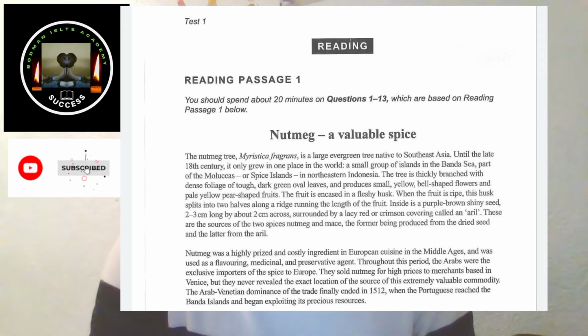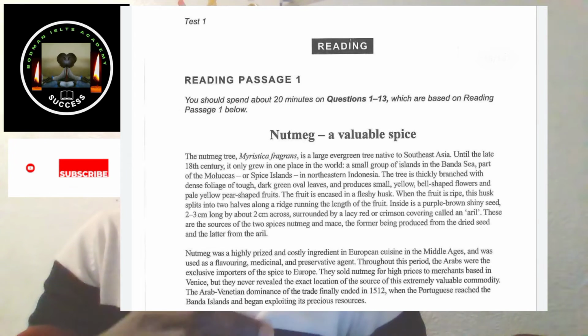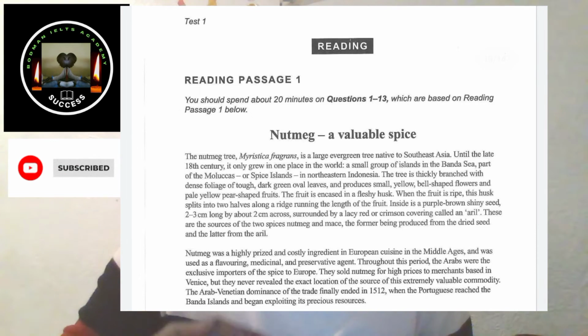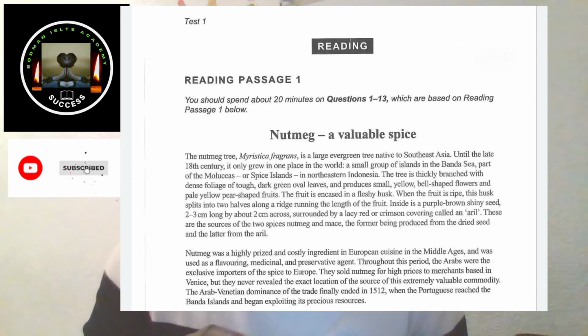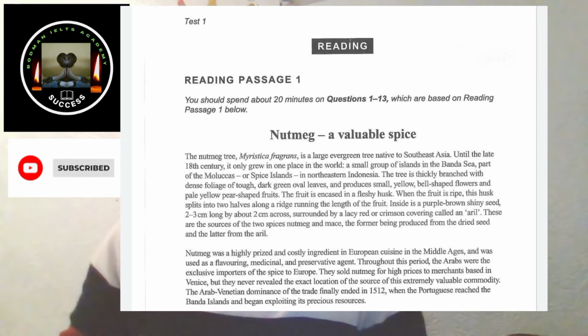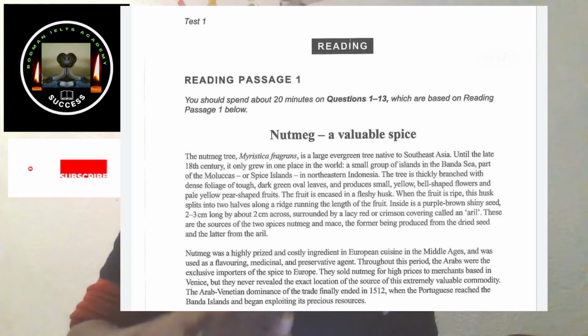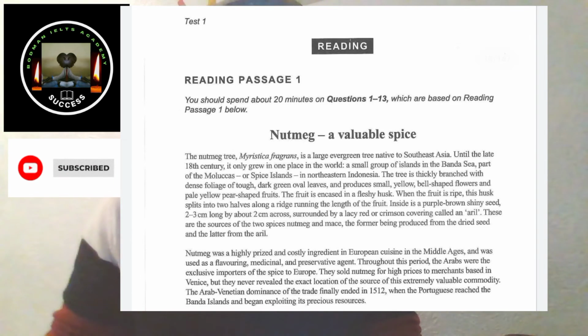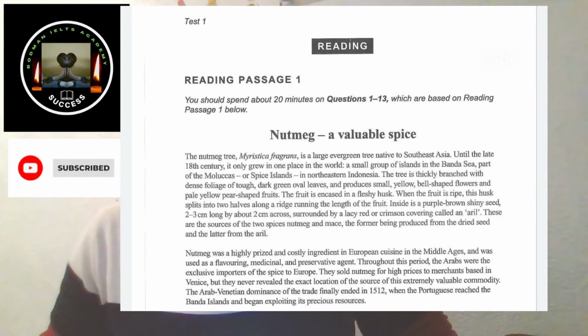When the fruit is ripe, this husk splits into two halves. Split is the same thing as break open. This husk splits into two halves along the ridge running the length of the fruit. Inside the pomegranate seed, we are not interested in that. Can you see? The passage told you that the husk breaks into two halves. That means our answer is husk.